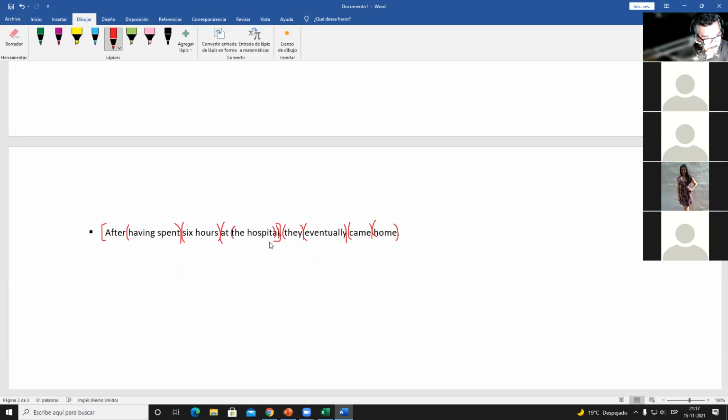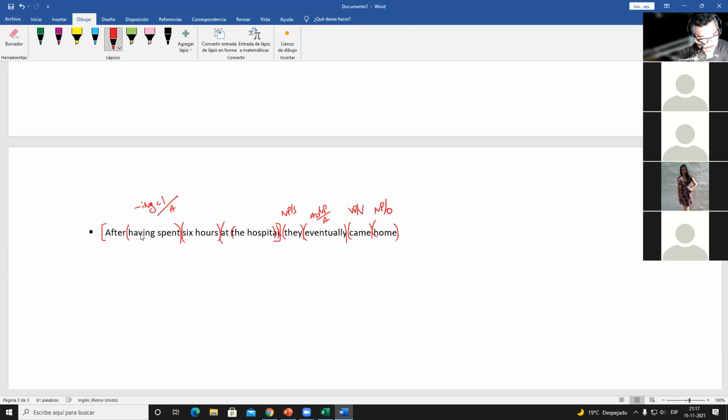I know they is a noun phrase subject, and this is, as always, right? An adverb phrase adverbial, a verb phrase verb, and the noun phrase object. But this one is an ing clause acting as an adverbial.